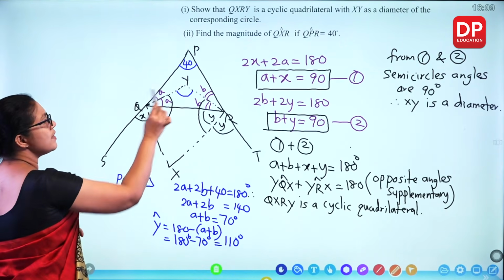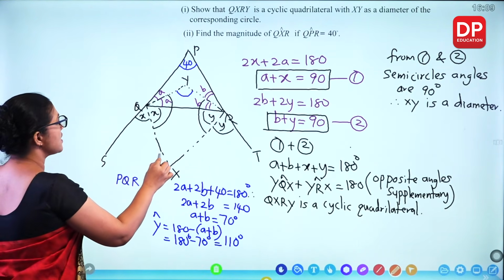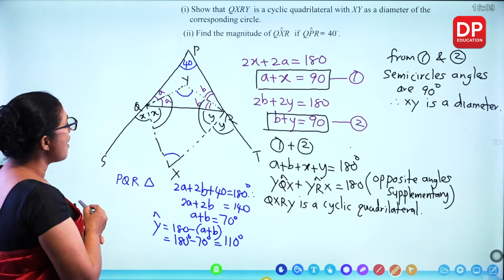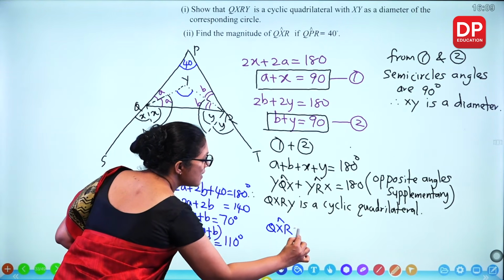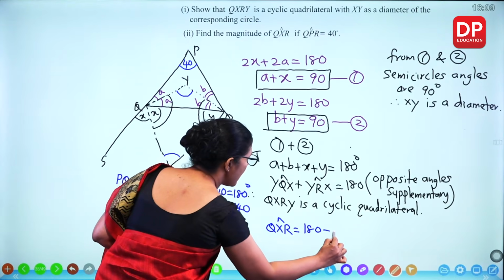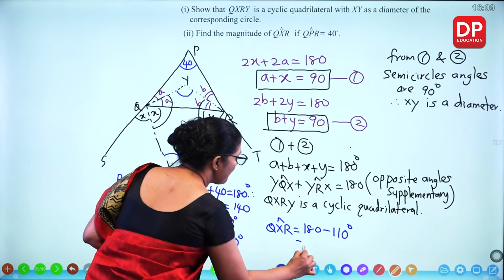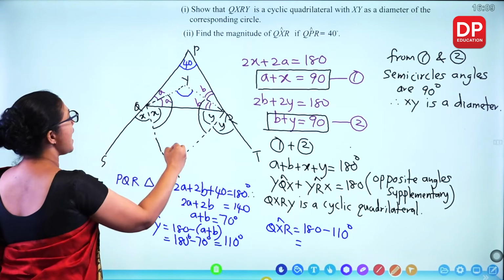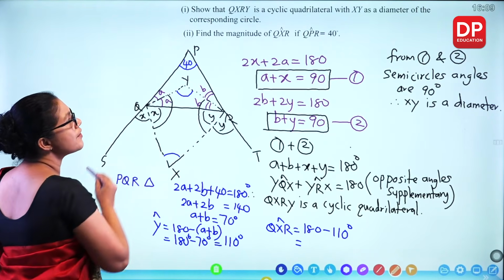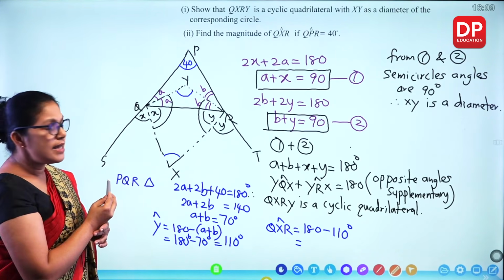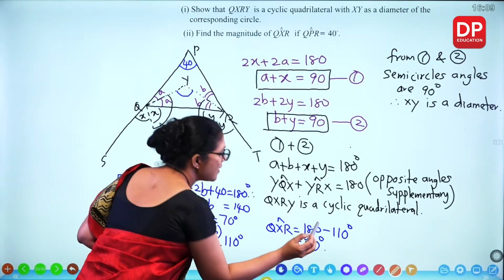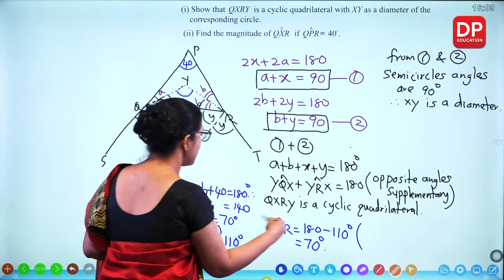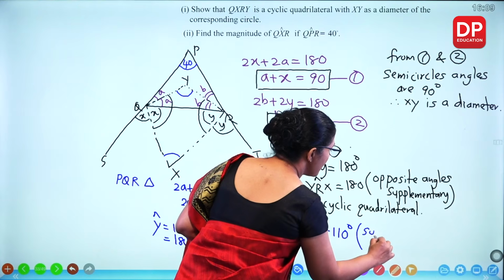So now we know this is 110. So what's QXR angle? QXR angle is 180 minus 110 because opposite angles of a cyclic quadrilateral sum to 180. So you get 70 degrees. So here we can write this is because of supplementary.